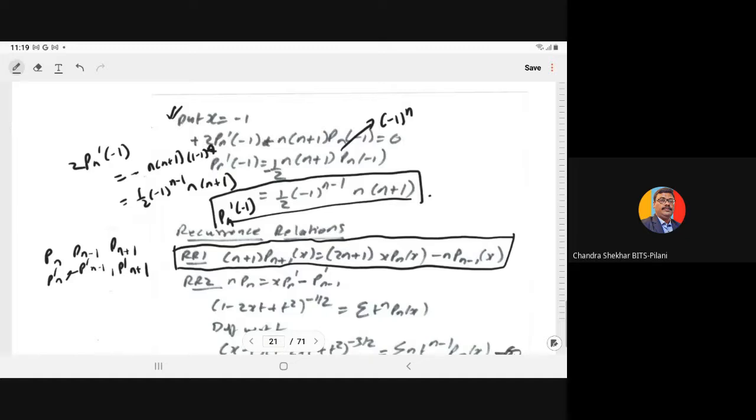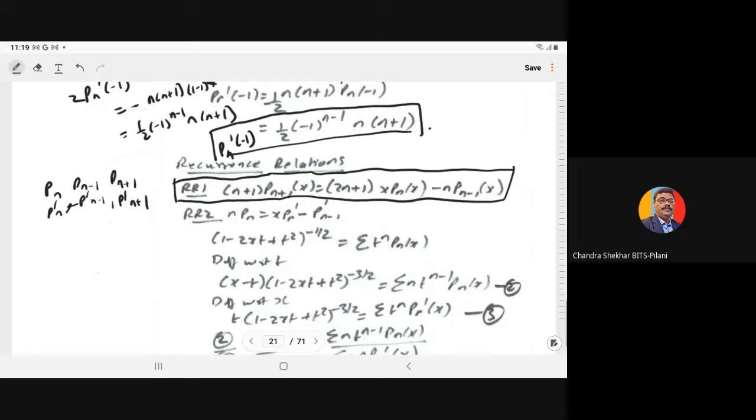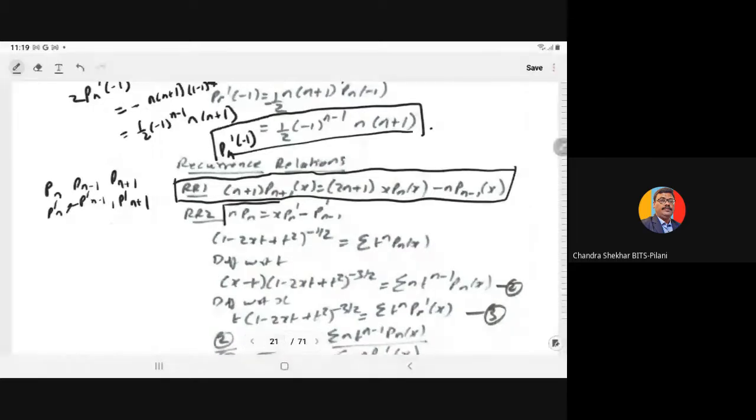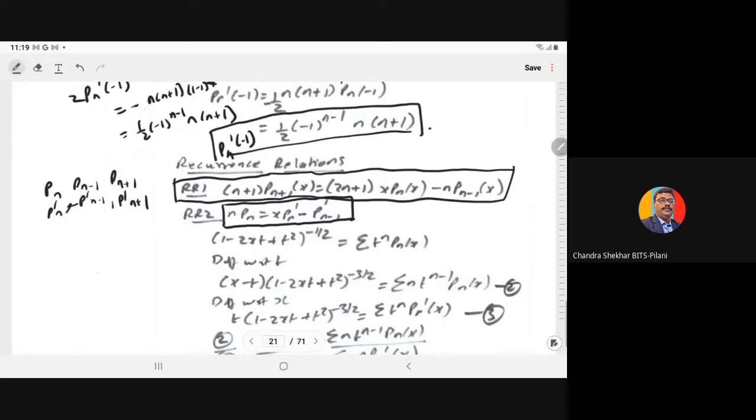Similarly, you have to derive recurrence relations to find the relation between all these 6 Legendre polynomials or their derivatives, right? So what is the second recurrence relation? Second recurrence relation, or RR2, is n into Pn is equal to x into Pn dash minus Pn minus 1 dash. These recurrence relations we generally use to derive the different types of Legendre polynomial relations, right?